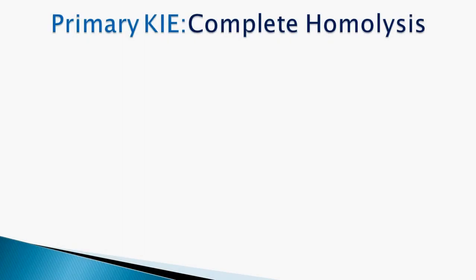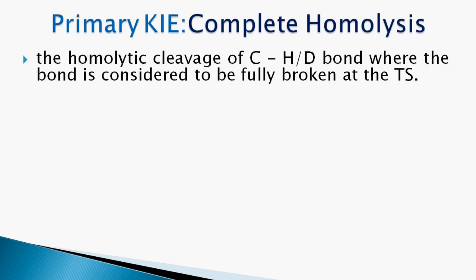Now we are going to discuss the first case in primary KIE, where complete homolysis takes place at the transition state. These are the cases where the CH bond, that is the lighter isotope bond, or the CD bond, that is the bond having the heavier isotope, is completely broken at the transition state. What does it indicate?